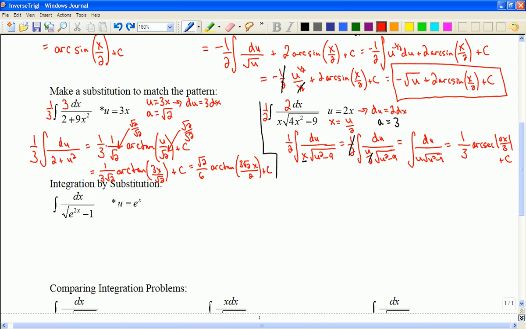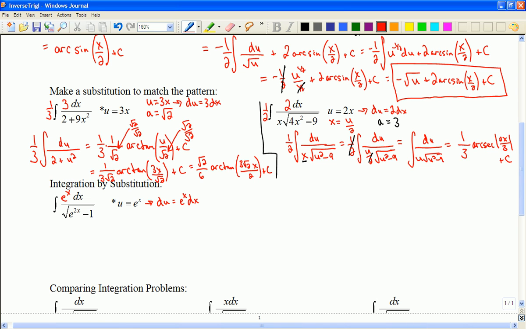And of course, with u being e to the x, we're going to also have to make our adjustment here with du being e to the x dx. So if I was just to start this problem the way we normally do in substitution, we would say, well, I'm missing this e to the x, so somehow I have to have an e to the x dx to make this replacement.